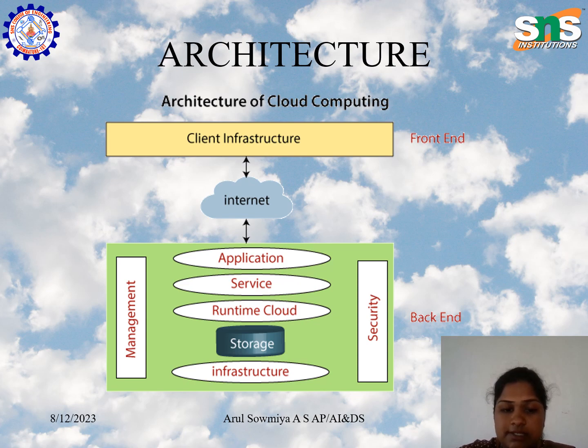This component manages components like application, service, runtime cloud, storage, infrastructure, and other security matters in the backend. Coming to the security in the backend process, it refers to implementing different security mechanisms for securing the cloud system, resources, files, and infrastructure to the end user.